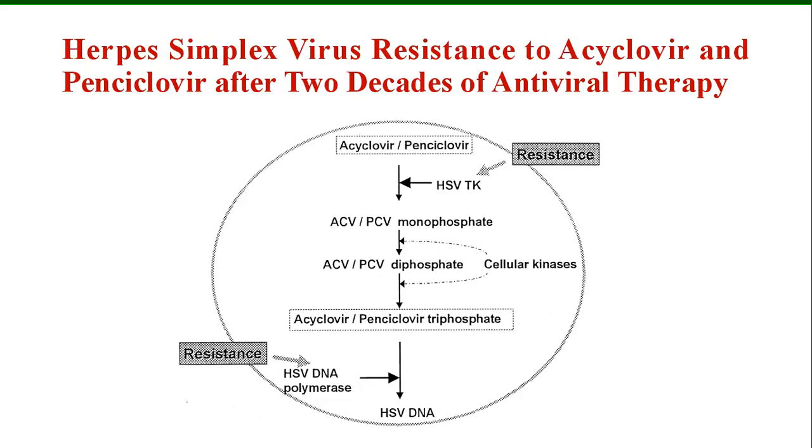So they are resistant to that, and they also develop resistance in HSV DNA polymerase. So after administration of acyclovir or penciclovir, due to resistance in these two locations, these two drugs are not finally acting. So we have to look for a new alternative to inhibit the growth of HSV in the human system.